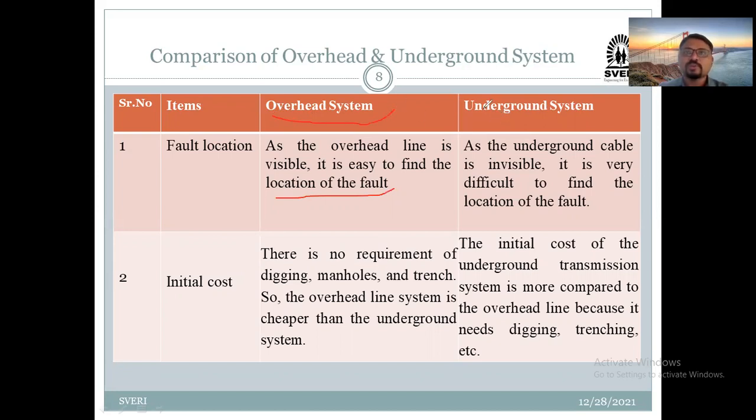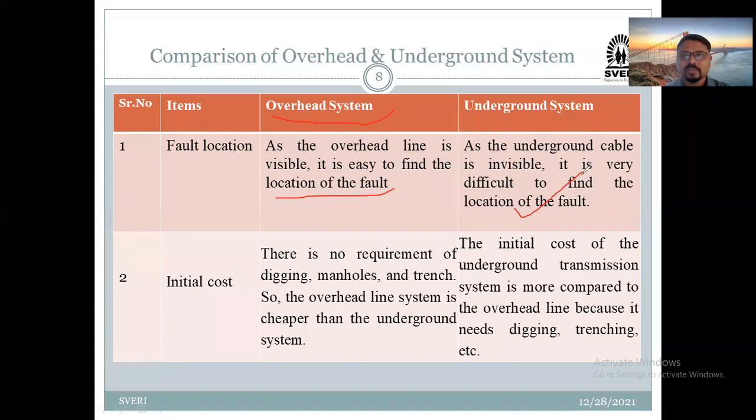But as far as the underground system is concerned, the cables are underground, below the ground level. So that's why it is very difficult to find out whatever fault occurred in that system. Okay, so the first point of comparison is fault location.